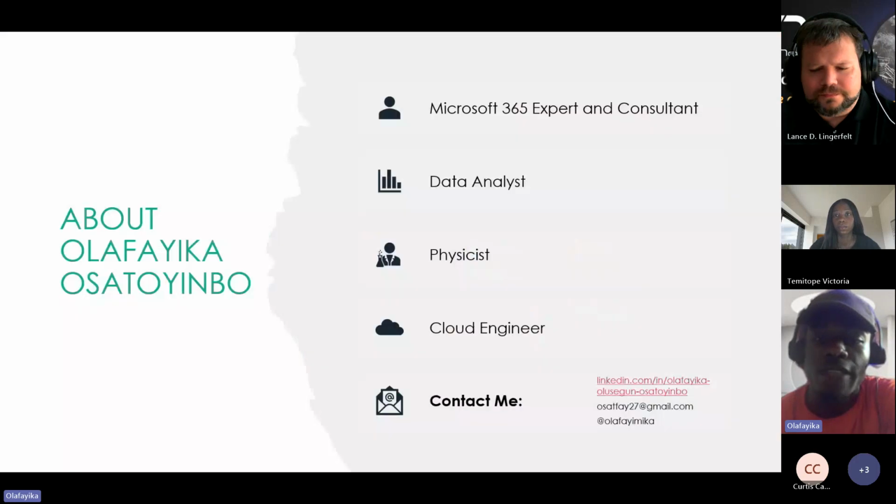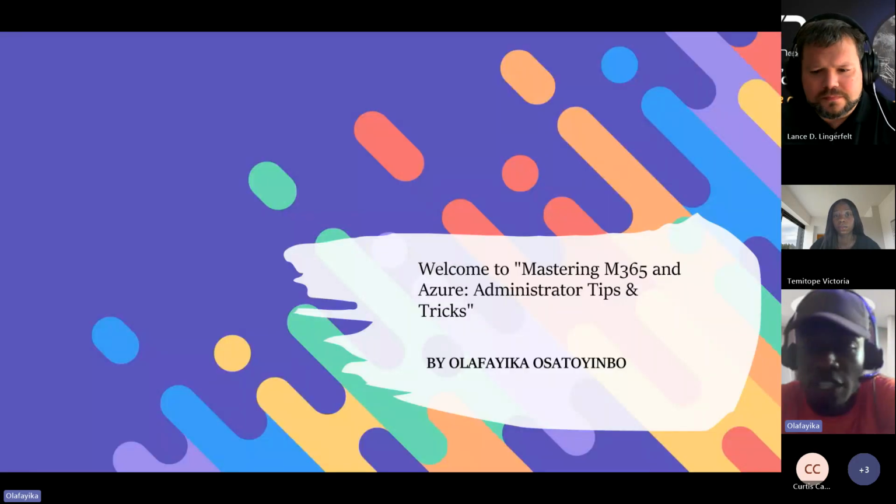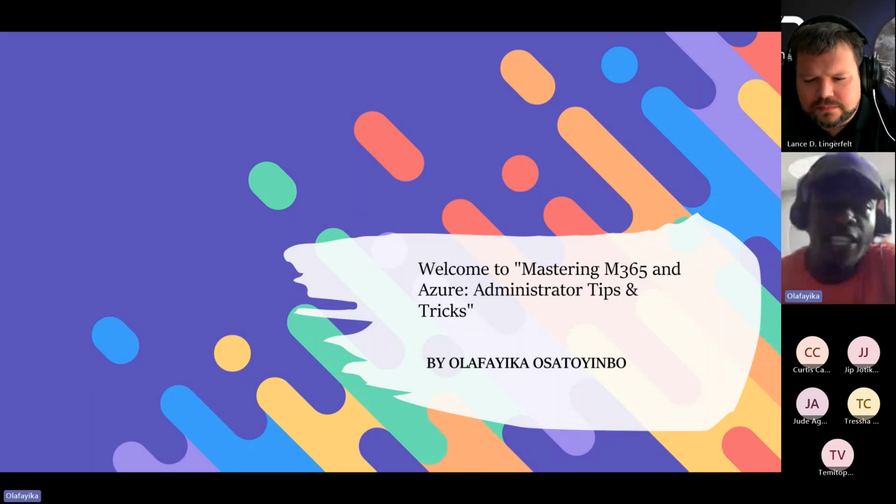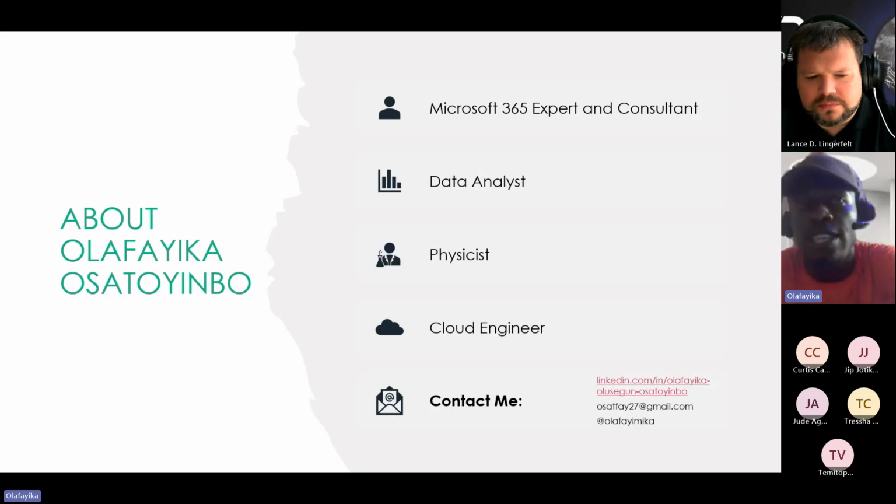Like I said earlier, my name is Olafaika, and I'll be taking you through the identity and security part. Victoria did a good job in her session. She talked about identity management, and she talked a little about security. Security cannot be overemphasized in an organization because organizations deal with data, and data needs to be protected.